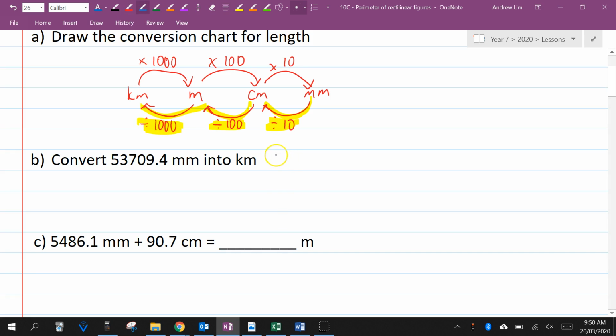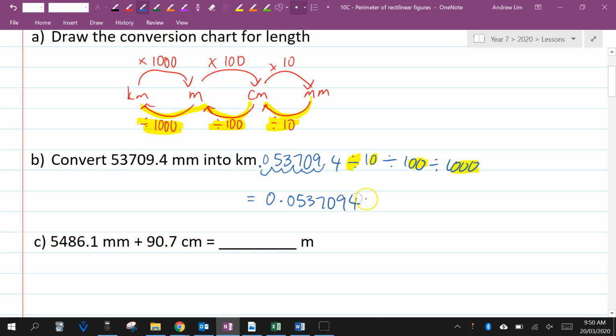So we've got 53,709.4 divided by 10, 100, and 1,000, which means we're going to move the decimal to the left once, 3 times, 6 times. 1, 2, 3, 4, 5, 6. Put a 0 in the empty spot. So the answer is 0.0537094 kilometers.